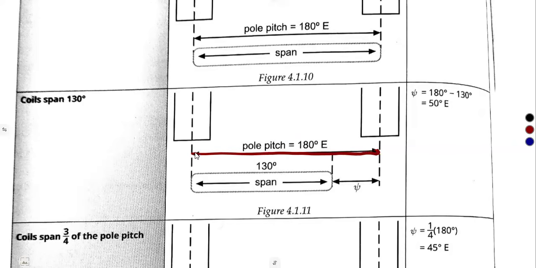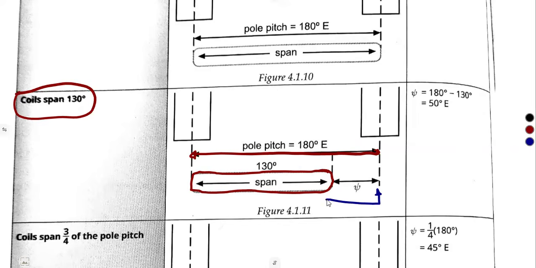Let's say our coil span is 130 degrees. This part represents your span. The remaining part out of the 180 degrees is our short chord, the angle of short chord.